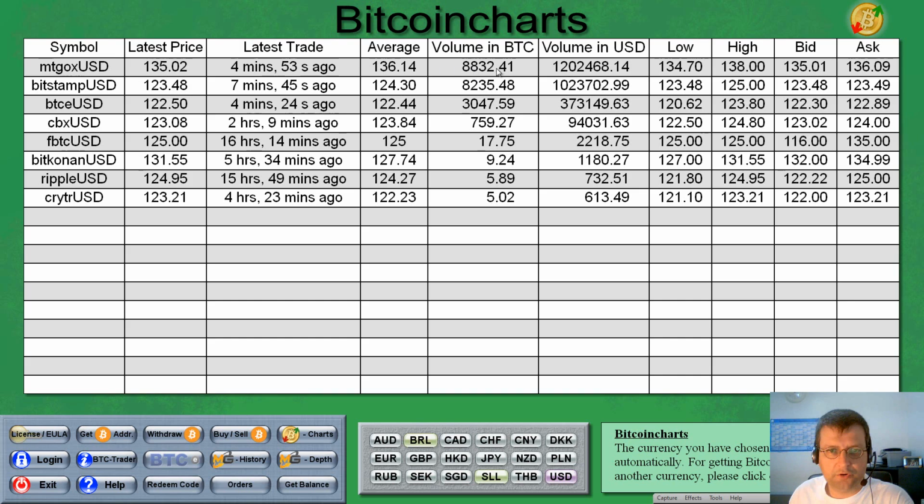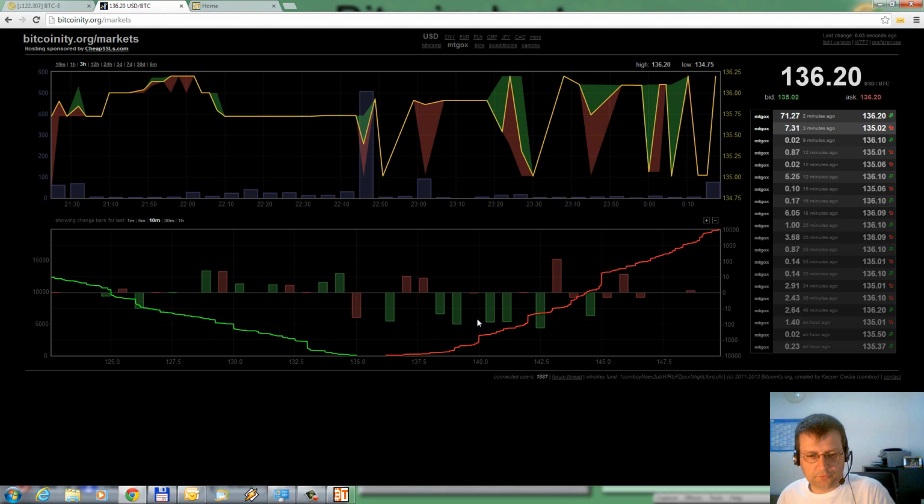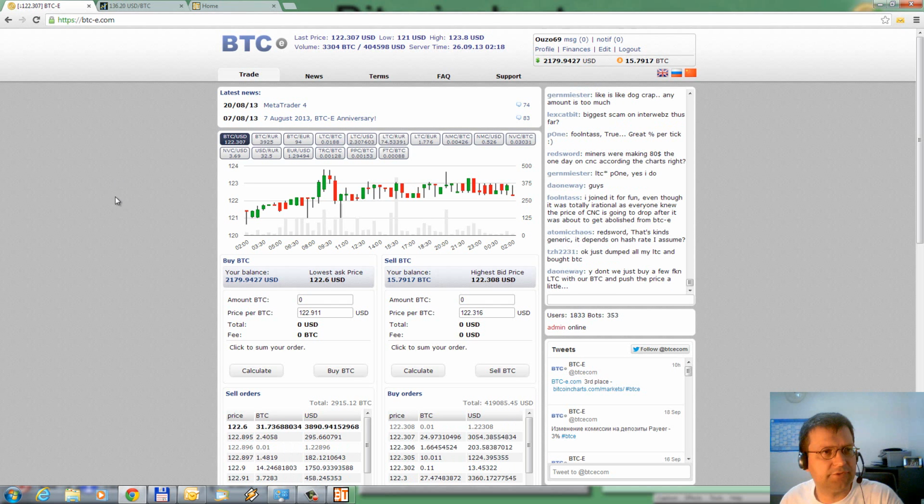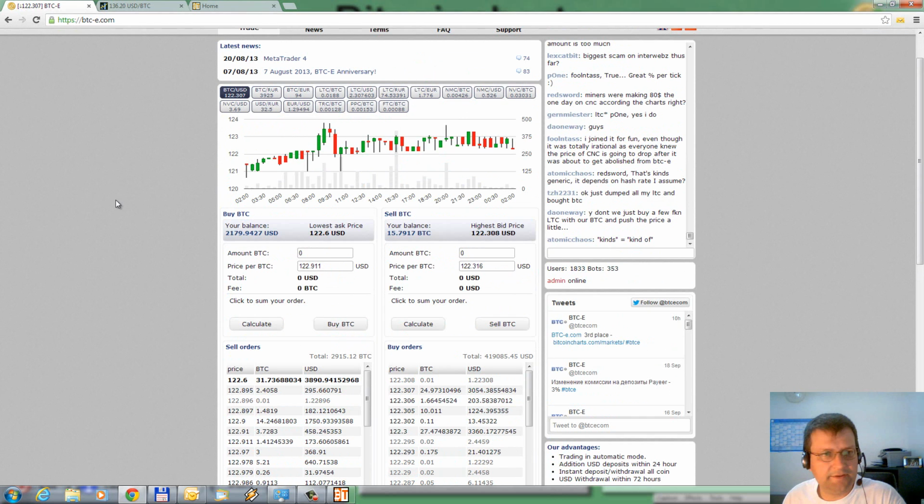So Mt. Gox is about 9,000 BTC, and the BTCE side is about 3,000 BTC trading volume for today. This means that Mt. Gox has three times higher trading volume. Okay, so let's have a look at this BTCE side.